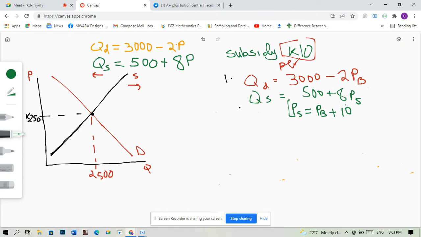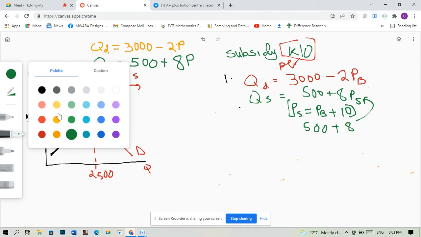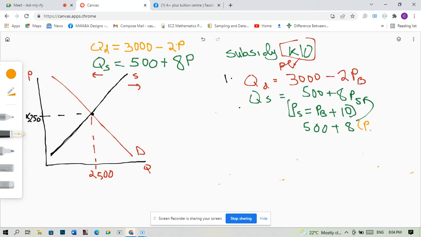So this equation here, we're going to substitute for our PS in our supply function. So we're going to have 500 plus 8, then open brackets, PB plus 10. Remember, this 10 represents the subsidy. So let's simplify this expression.